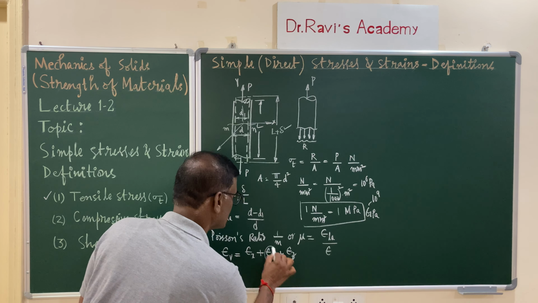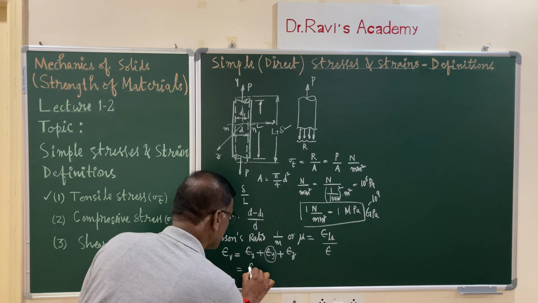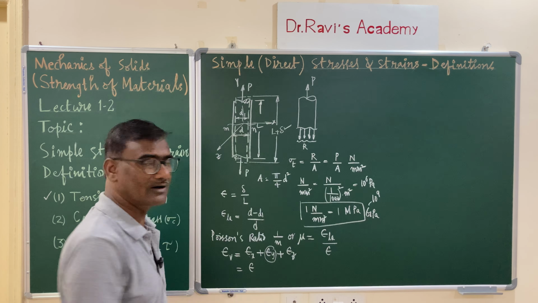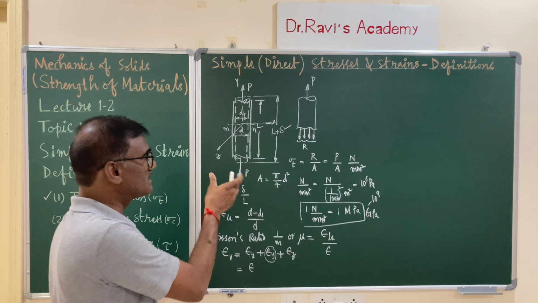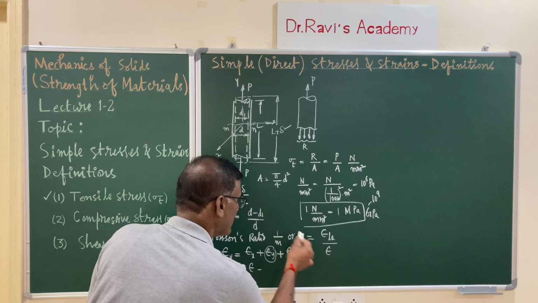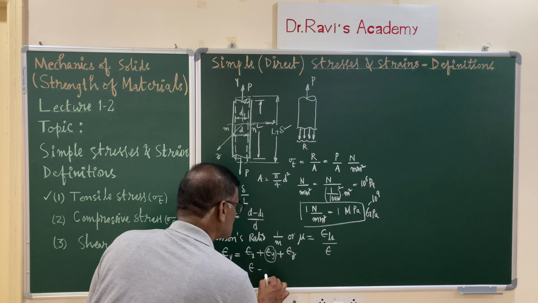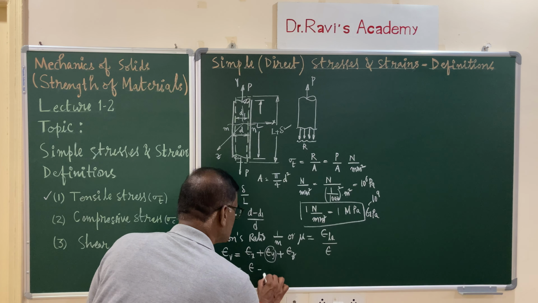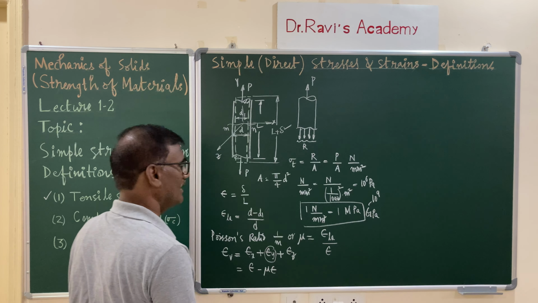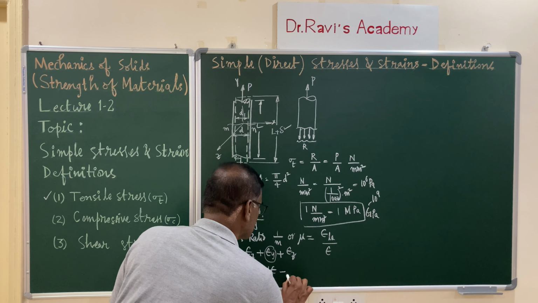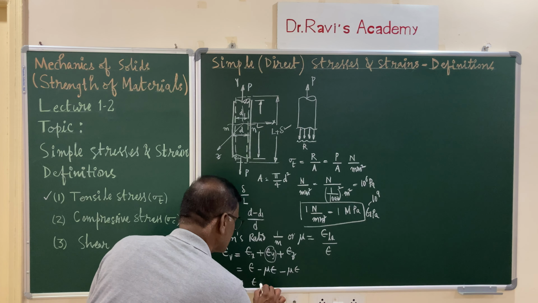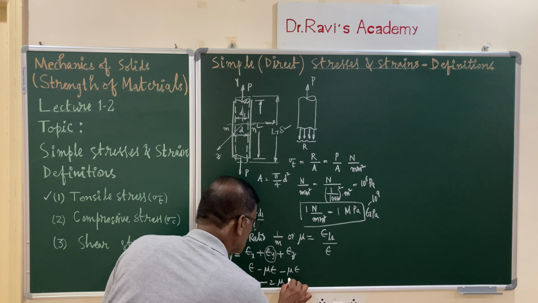So this is simply epsilon, whereas epsilon x as well as epsilon z are lateral strains, and there is a decrease in the dimensions, and because of that we will be using mu times the linear strain, and here again it is the same, so you have minus 2 times mu epsilon.